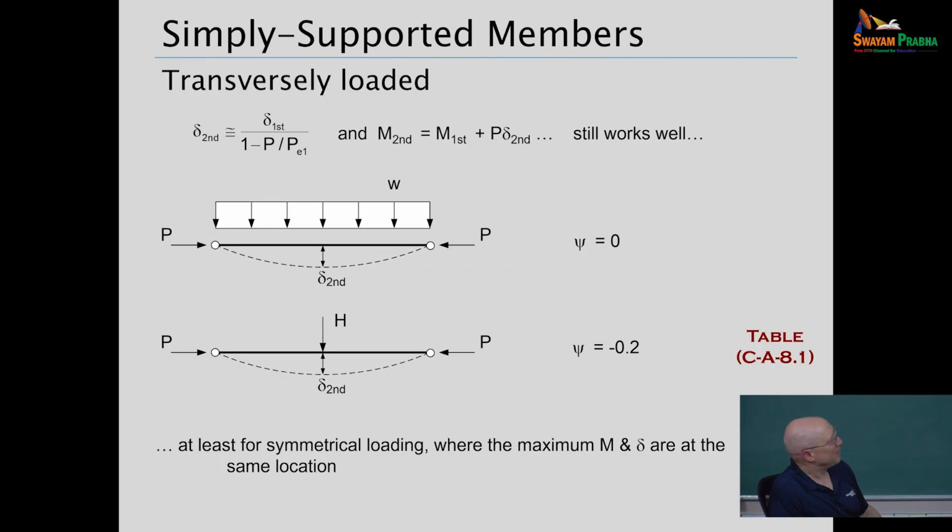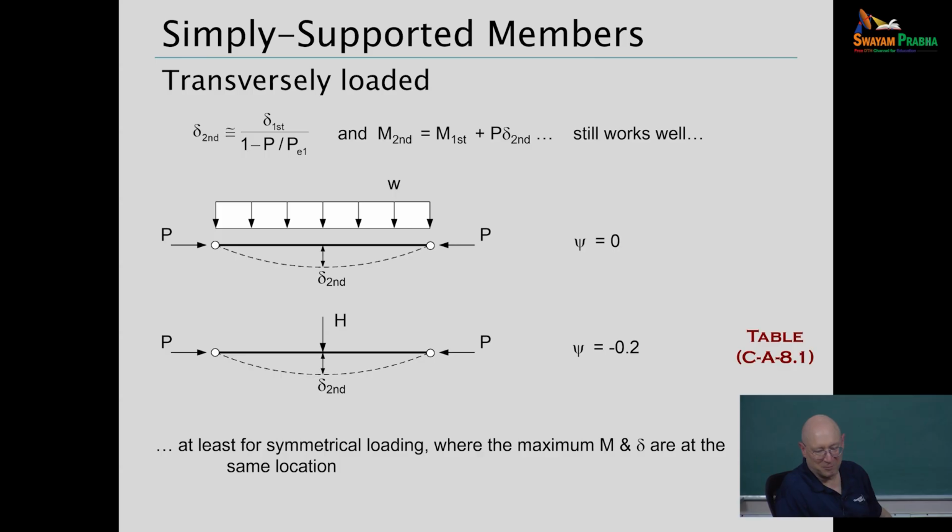If we use that same very simple algebraic development, all we did was say we need equilibrium in the deformed geometry. So it's M first plus P delta, and then we put in some approximations for the amplification of the displacement. That got us to the psi formula.